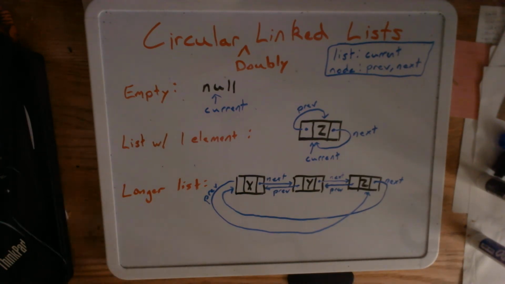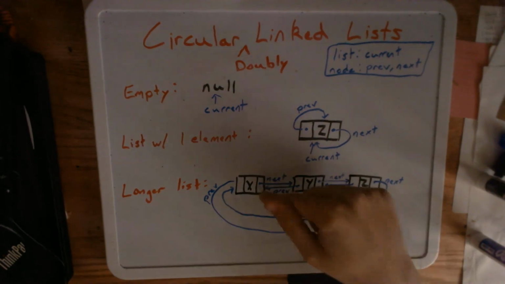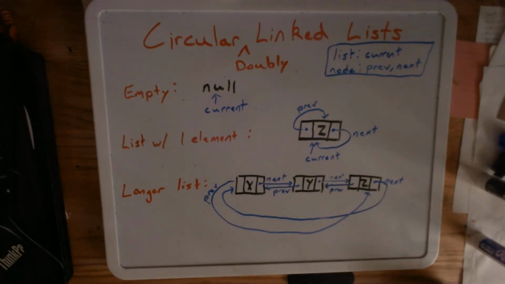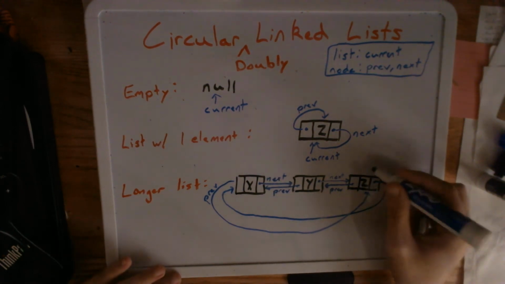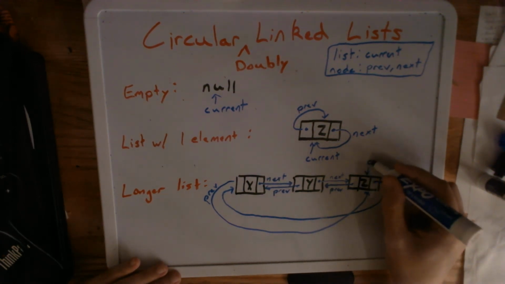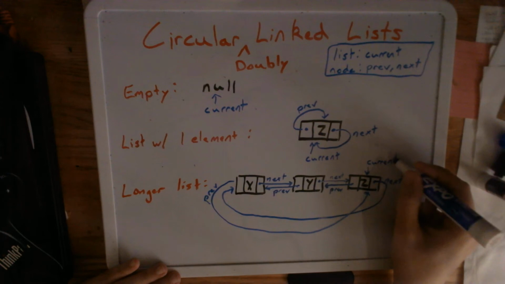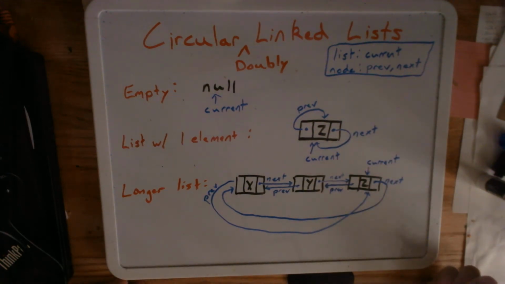And where current is depends on how we added this in the list. So current could be at any of those. So let's say that current was still at Z. One of the things we want to be able to do in our list is move current, right?